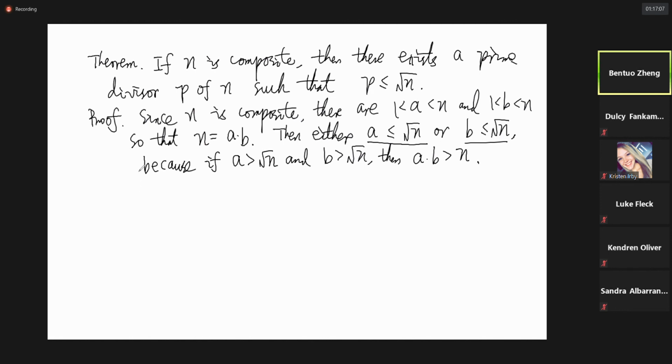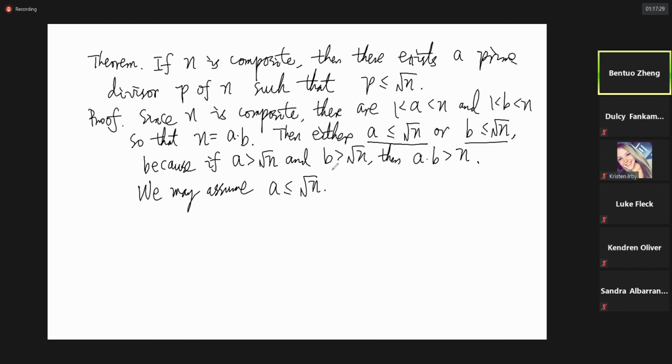So we can just assume, since a and b have no order here, we may assume just a is less than or equal to square root of n. The case when b is less than or equal to square root of n is the same.